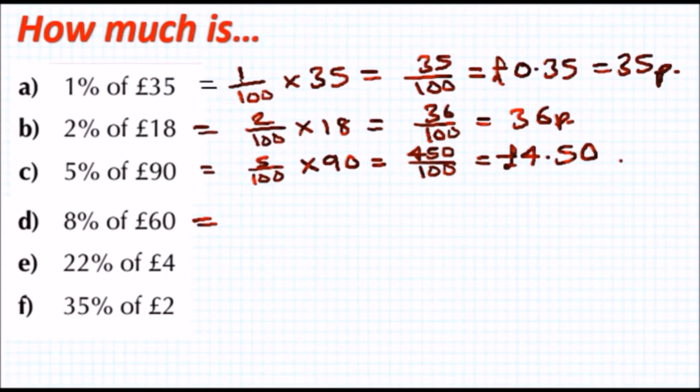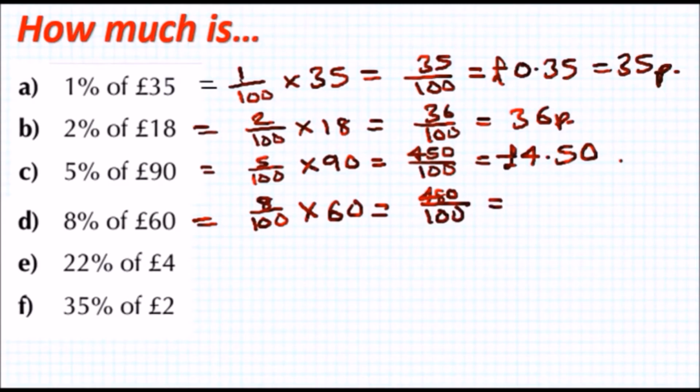8% of 60. So 8 over 100 times 60 pounds. Same as always, 8 times 6 in this case is 48, so 480 over 100, and like always, it's going to be £4.80. Now next one, 22%, so 22 over 100.